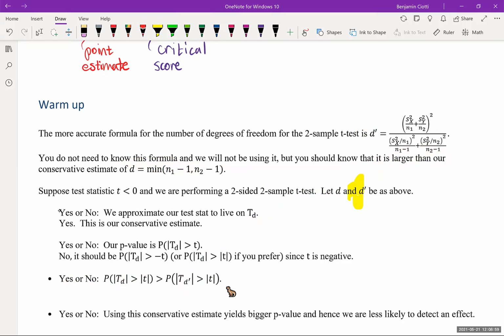Yes or no? You can see the T-Rex down there, which means it has something to do with that tip.